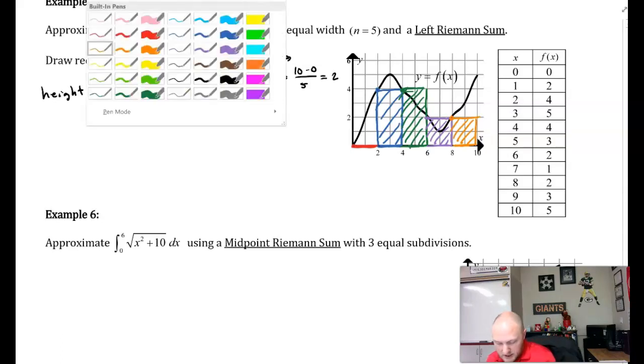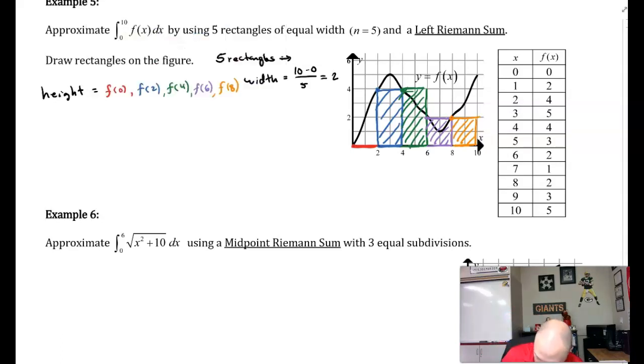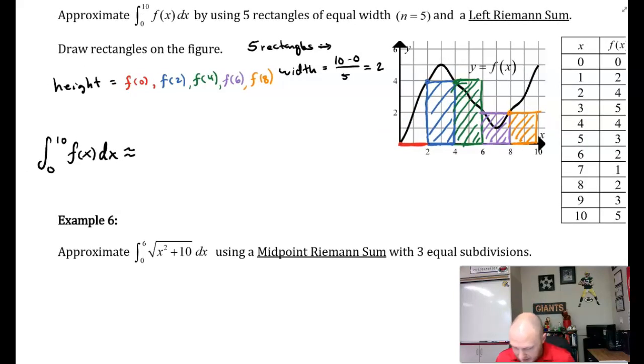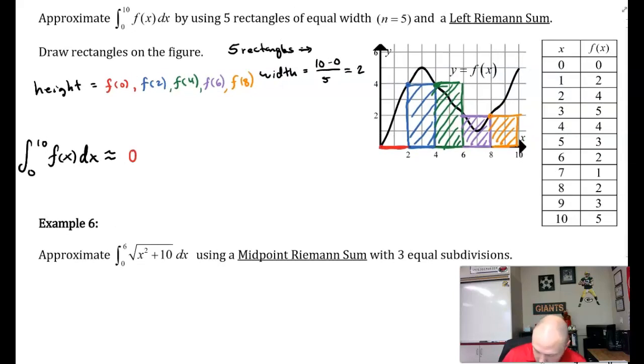Now I want to approximate the integral from 0 to 10 of f of x dx, which is approximately, because remember, a Riemann sum is approximate, not exact. I have my height, f of 0 is 0, times the width, which is 2, plus the height of f of 2, which looks like it's 4.